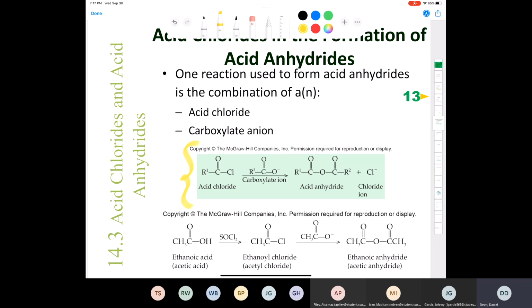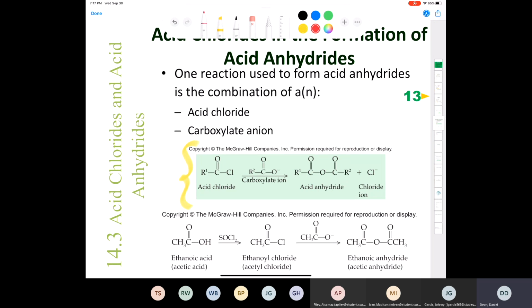If you have a hard time memorizing this reaction in this green box, let me just show you what actually happens. Since there's two dipoles on the carbon of the acid chloride, that's going to render this carbon really partially positive. I'm going to delete those two dipole arrows. Now, if we have a partial positive charge here and we have a negative charge here, what do we know about positive and negative charges? They attract each other.